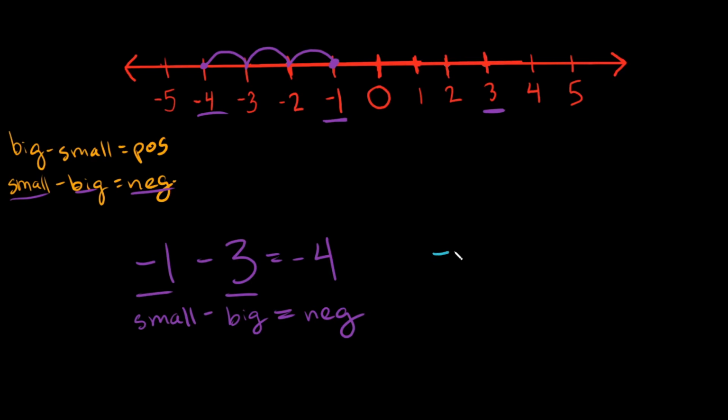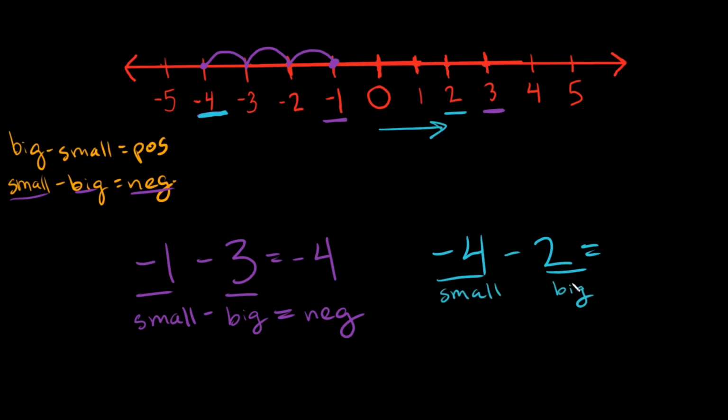Okay, so let's do one more example. What if we had negative 4 minus 2? What would this be? Well, again, we got negative 4 and 2. Which one's big, which one's small? Well, we got 2 here, negative 4 here. So 2 is further to the right, so this one's big, and this one's small.